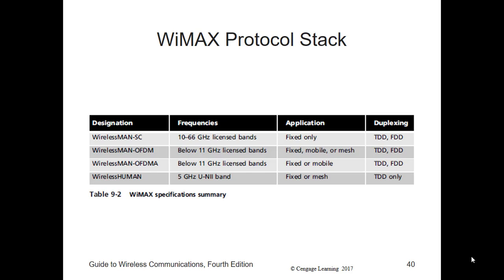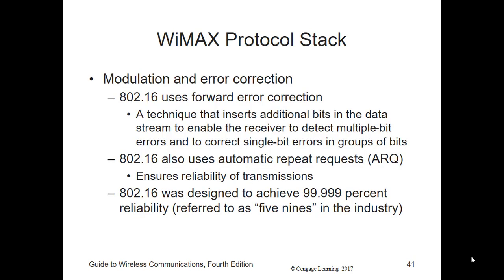Now, in 802.16, modulation and forward error correction, FEC, are directly linked. In addition to the forward error correction, 802.16 uses automatic repeat requests, or ARQ, to ensure the reliability of the transmission.